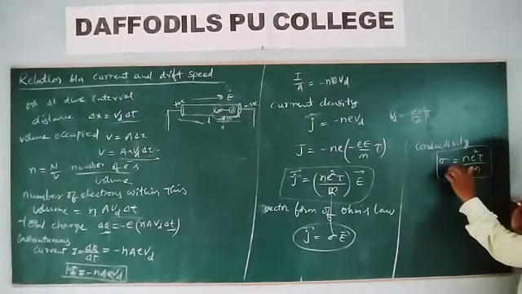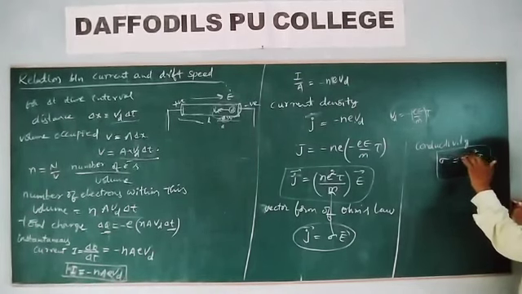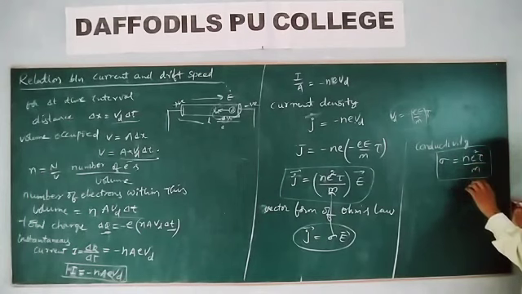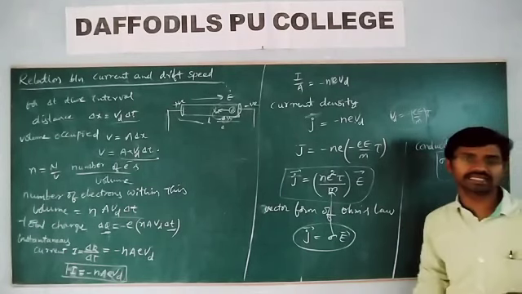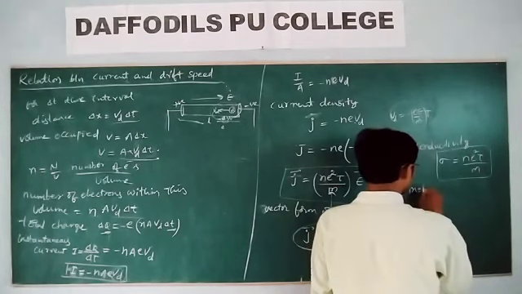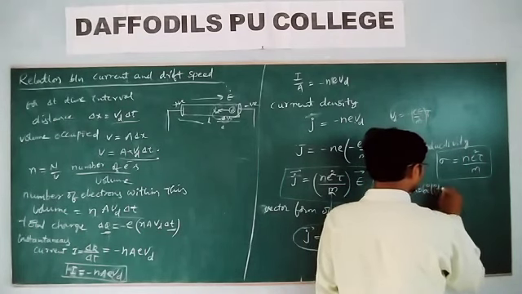Even you can observe conductivity depends upon the number density of the electrons, charge of the electron, relaxation time and mass of the electrons. And let us discuss this concept again when we discuss the variation of the resistance or resistivity with the temperature.